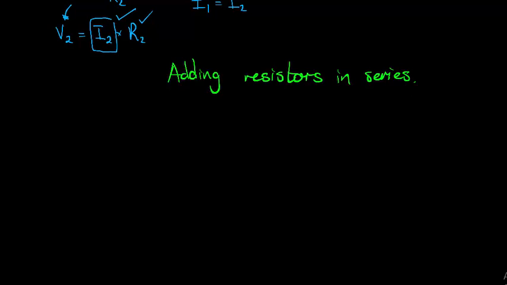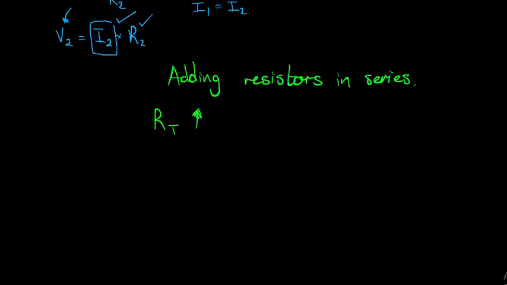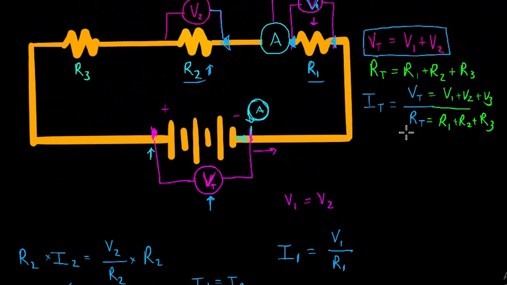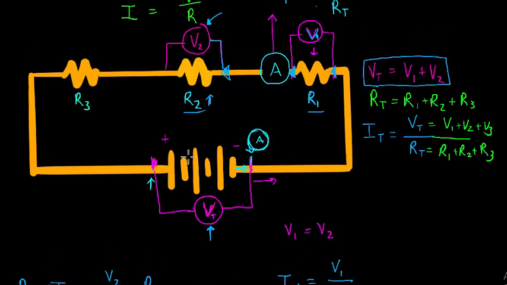When we add resistors in series, the total resistance increases. Total resistance of the system increases. What do I mean by that? Well, it means that the voltage over each resistor would decrease.